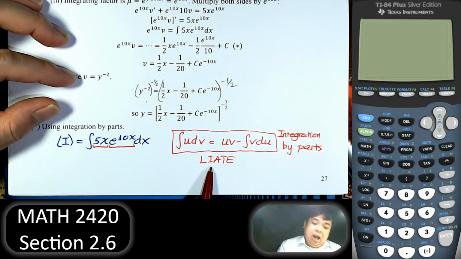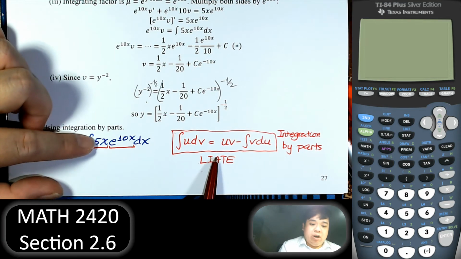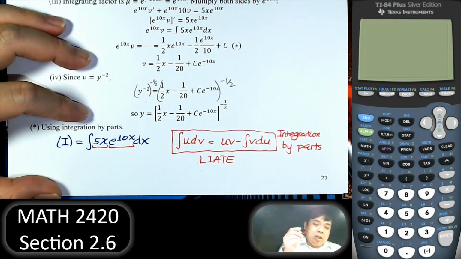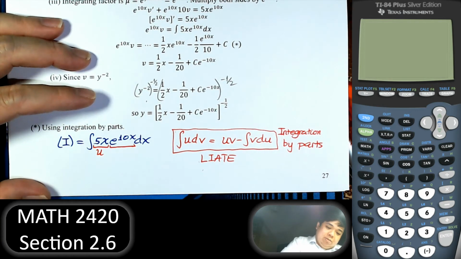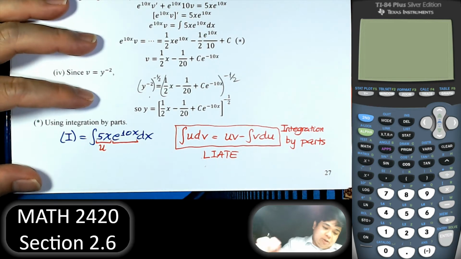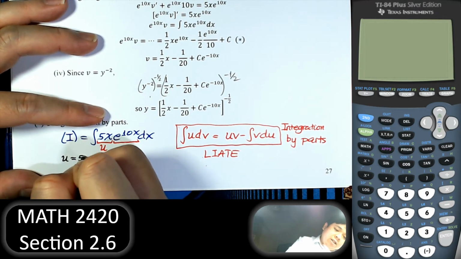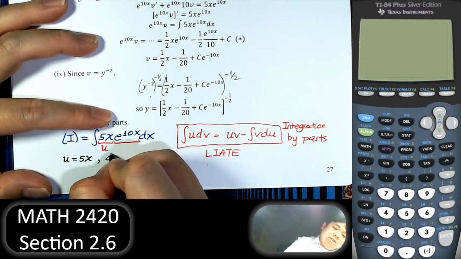No. Algebraic function, and that is the 5x, the polynomial, or an algebraic expression, anything like polynomial. So that we let equal to u. So we'll do u equal to 5x, and then the rest will have to be dv.